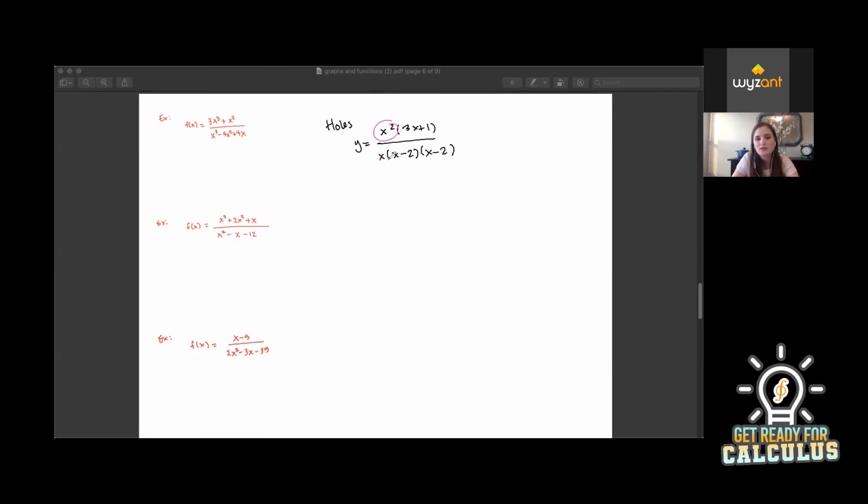If we cancel those out, we're going to just get left with an x on top. But because we canceled it and it was on bottom, we're not going to actually be able to have a function defined at that point. So x equals 0 is a hole. So remember, that looks like an open circle on the graph, and you don't actually reach that point. So we don't technically have a y-intercept in this case.